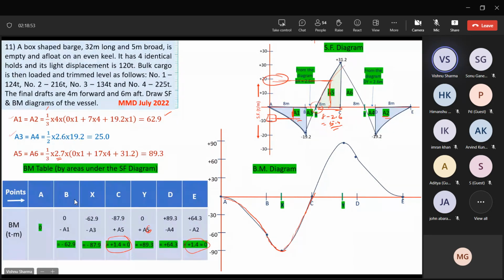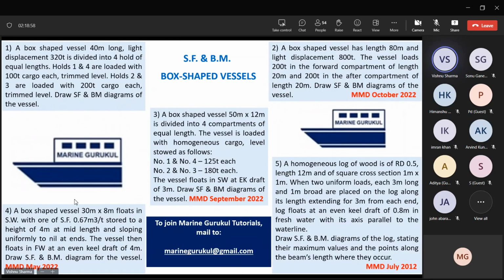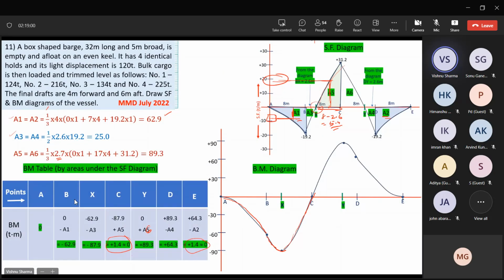And since the graph is used, your values and my values are unlikely to match, because if you are reading differently from the graph, the values would change. But the shape of the graph should not change by and large. This will be the shape of the graph. The values, of course, will change from person to person because you are using values read off from your diagrams. So that is the limitation of this.